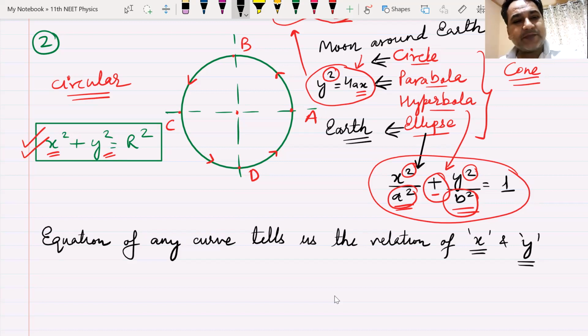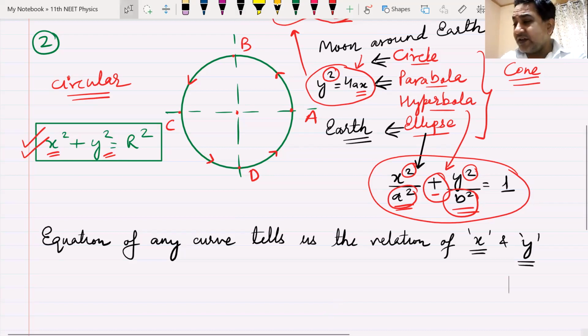In case of an ellipse, x square by a square plus y square by b square. So basically you are talking about a relation between x and y. Every equation, whether it's straight line or circle, talks about a relation between x and y.